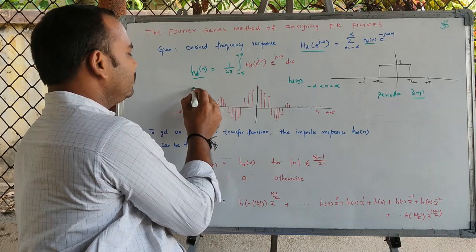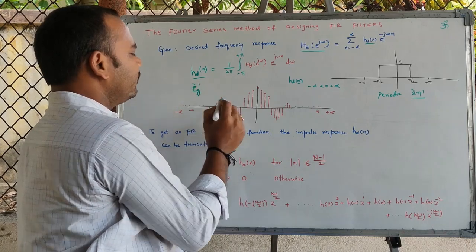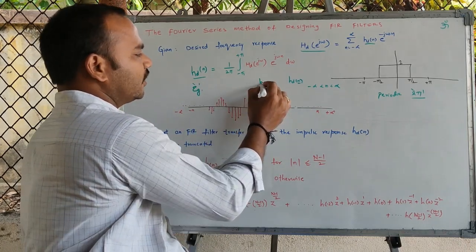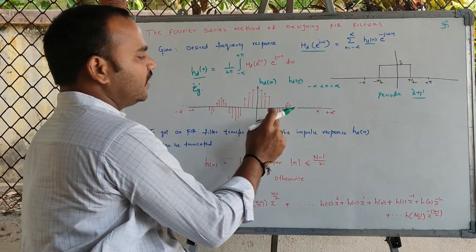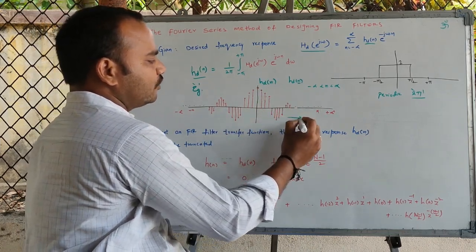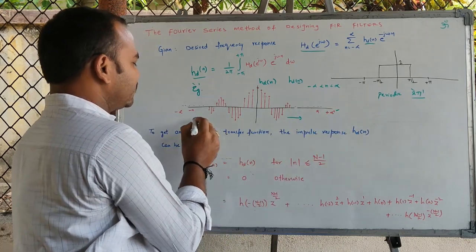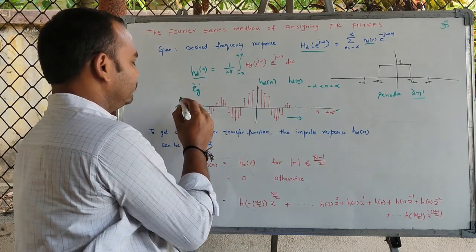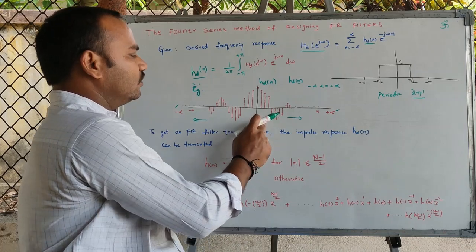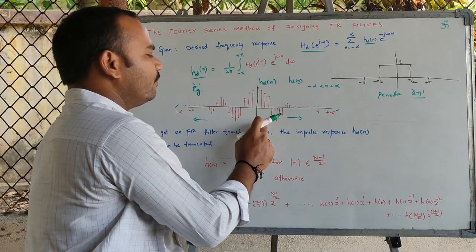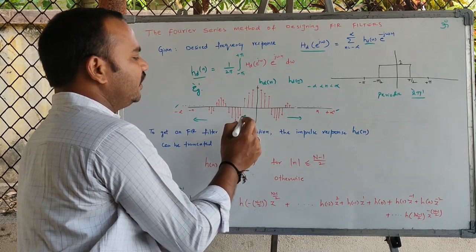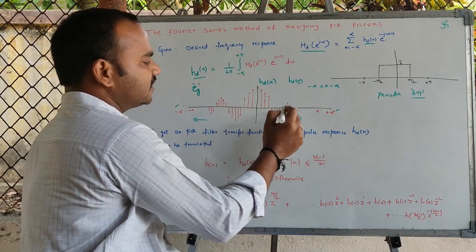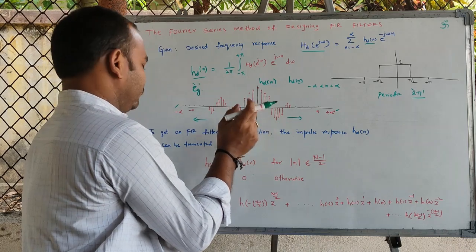An example hd of n is shown here. From this figure you can observe that the impulse response is extending towards plus infinity and it is extending towards minus infinity. Now to compute an FIR filter from this IIR filter, we need to truncate this hd of n.